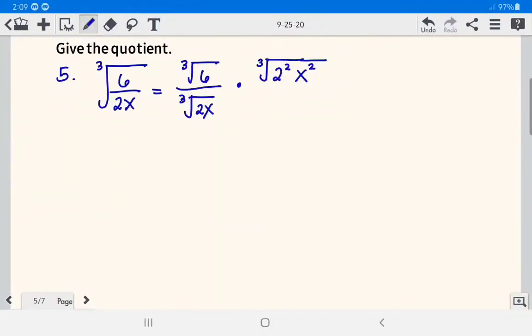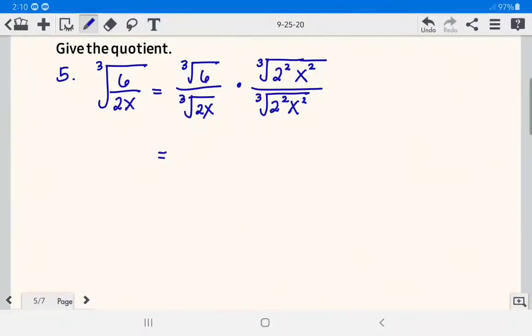Since the exponent of this is 1 and this one is 1, to make this divisible by 3, you're going to multiply both the numerator and the denominator by the cube root of 2 squared x squared, over the cube root of 2 squared x squared.